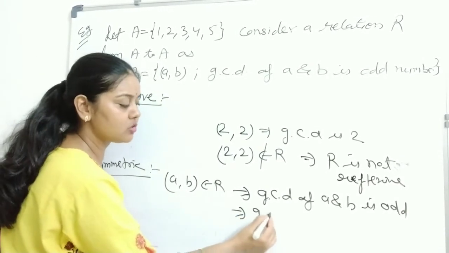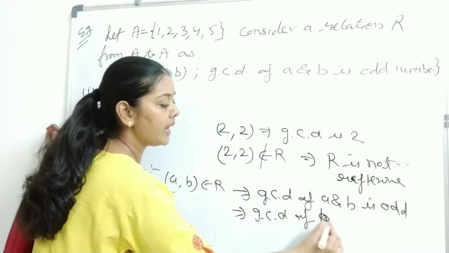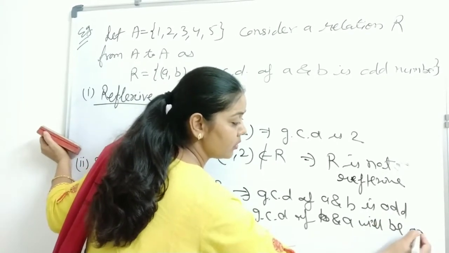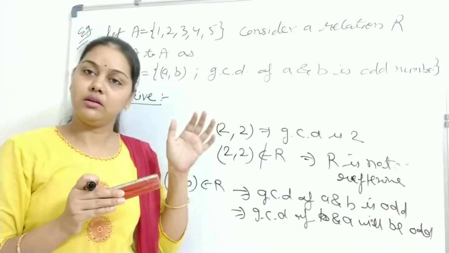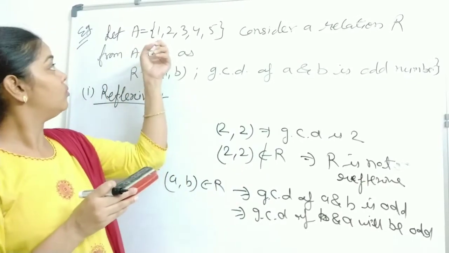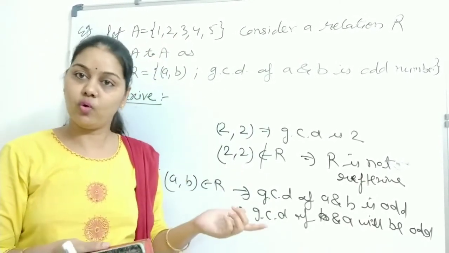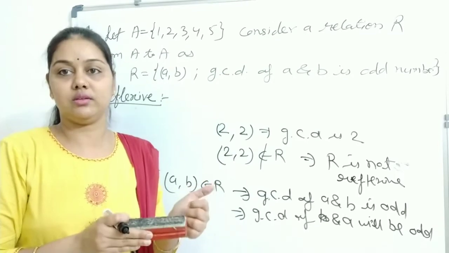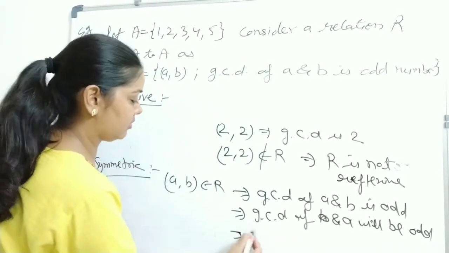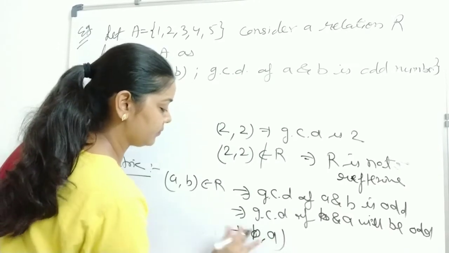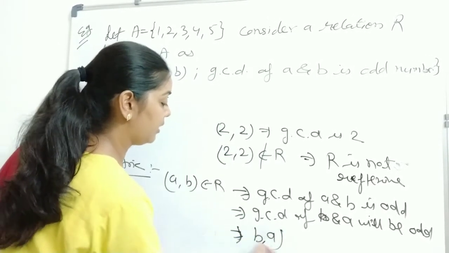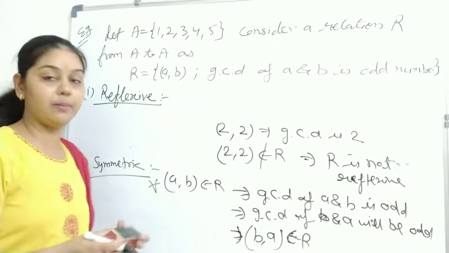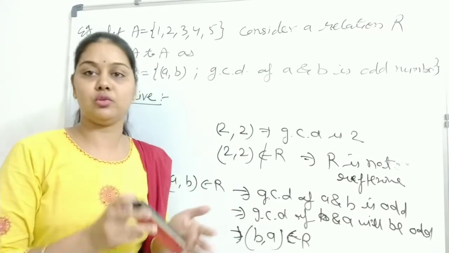It means the greatest common divisor of B and A will also be odd. If the greatest common divisor of 1 and 3 is 1, then the greatest common divisor of 3 and 1 is also 1. That's why we can mention that (B, A) also belongs to R. It means for every (A, B) belonging to R, (B, A) will also belong to R.